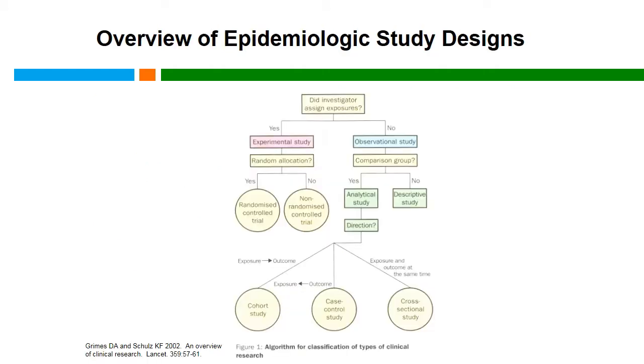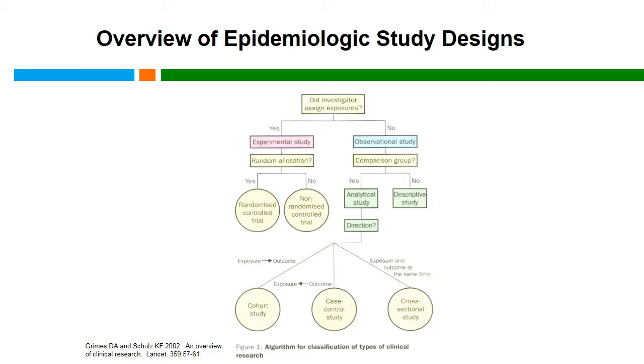This figure is taken from a 2002 Lancet paper and provides a nice overview of distinguishing characteristics of epidemiology or clinical research. Starting at the top of the figure, we can initially categorize studies as experimental or observational based on whether or not the investigator assigned the exposure. If that is the case, then we're talking about experimental studies that can be categorized as random or non-random.